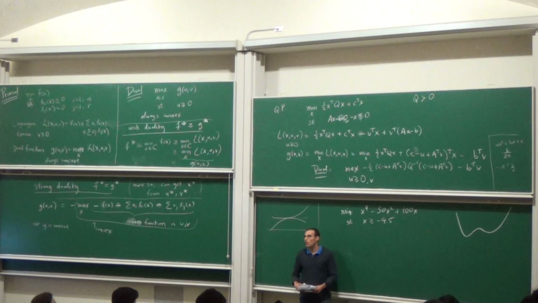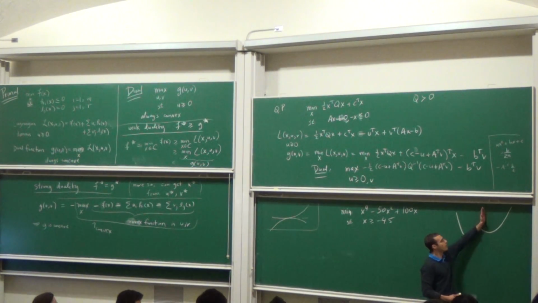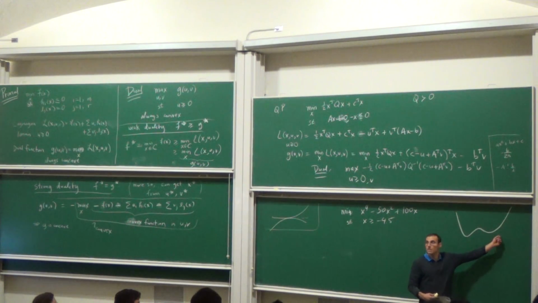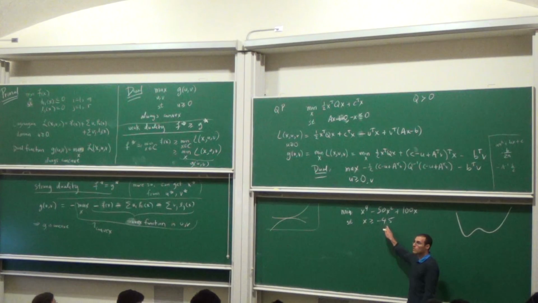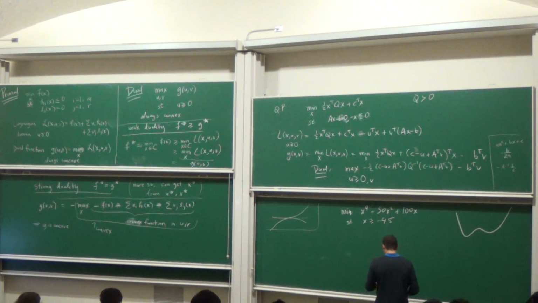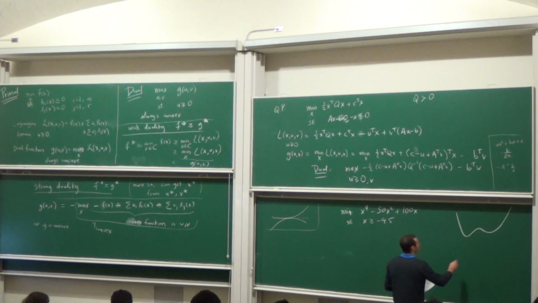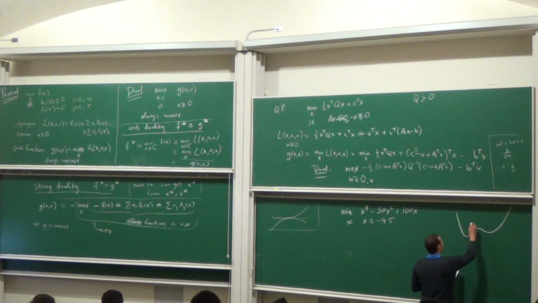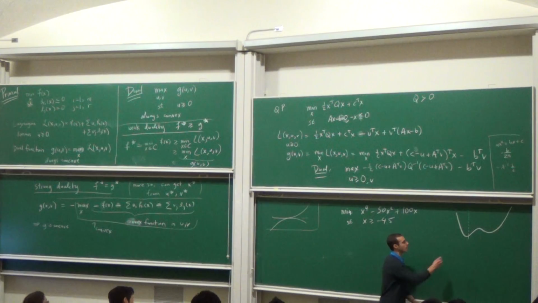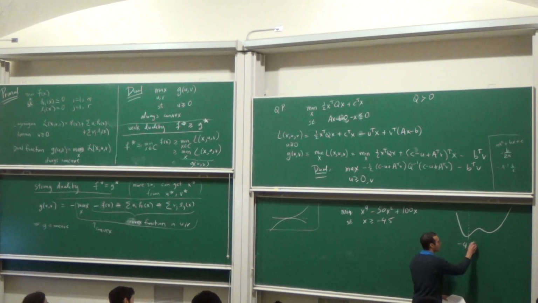The reason I said it's hard to tell what happens with the constraint is that the constraint could lie here, and in the feasible region the function would actually be convex. So it's hard to intuit what's going to happen. But if you plot it, the constraint comes into play right here. That's the line x equals minus 4.5.